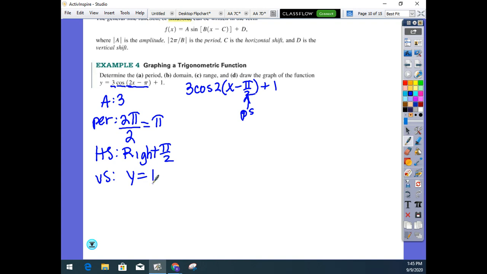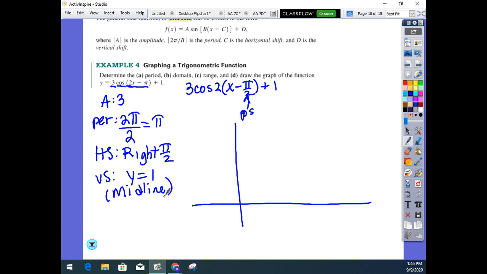All right, so let's see how this graphs. We sometimes also call that vertical shift our midline, what everything oscillates around. So the first thing I'm going to do is go up 1, and that's what it's going to shift along. The second thing I'm going to do, A equals 3 means from the midline, I'm going to go up 1, 2, 3, and down 1, 2, 3, and that's how far it stretches.